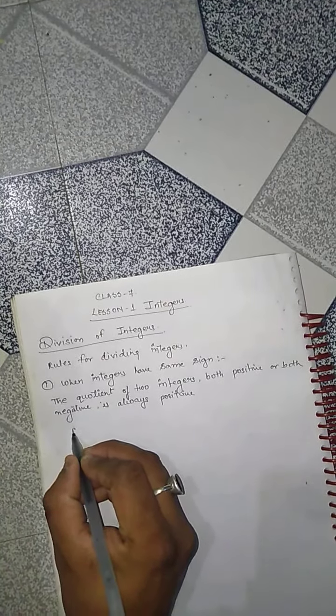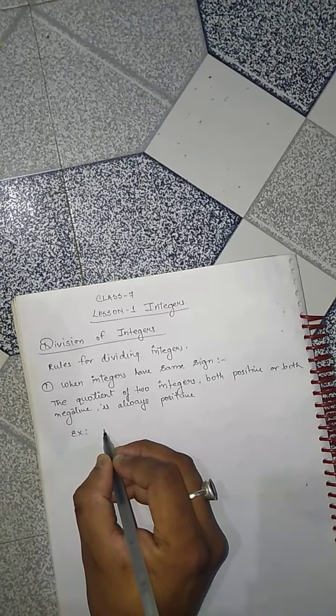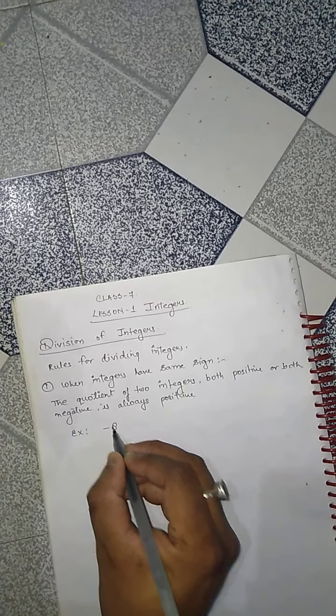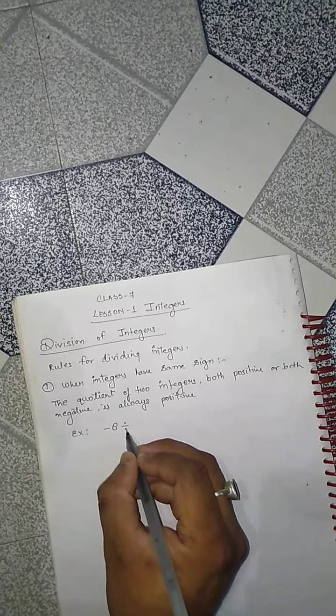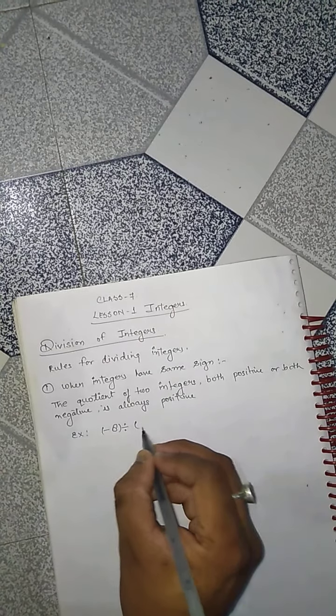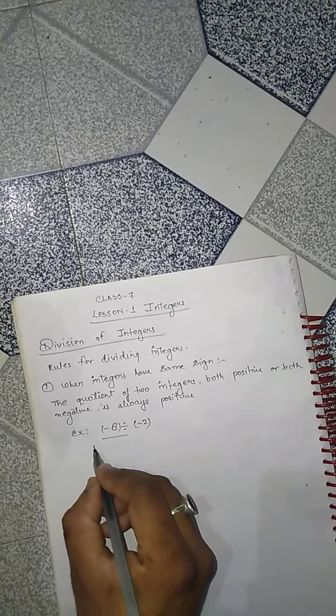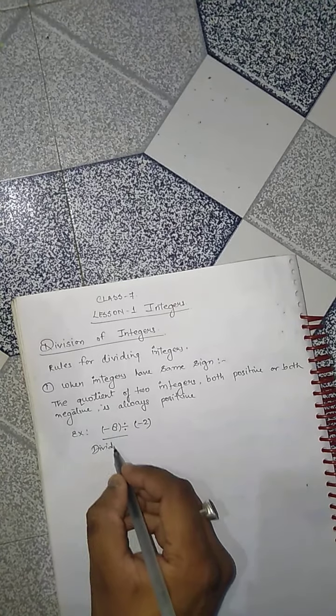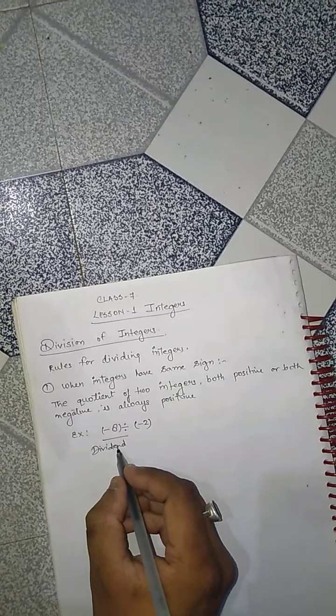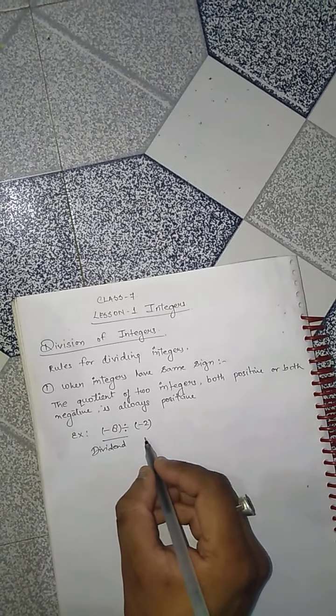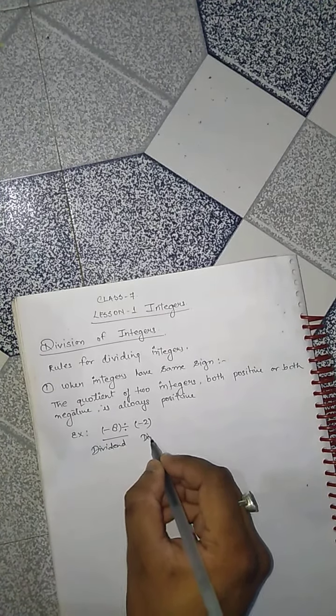For example, if I take the dividend -8 and divide it by -2, here this is your dividend and this is your divisor.